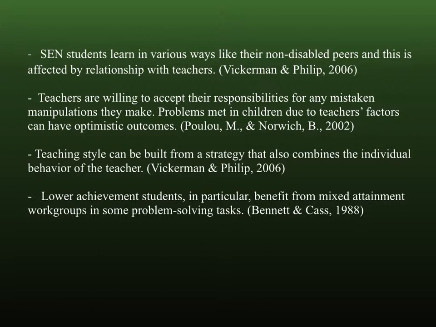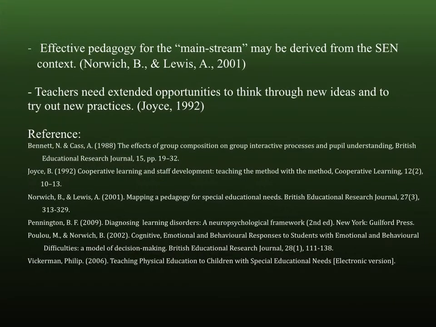Also, problems met in children due to teachers' factors can lead to optimistic outcomes, if teachers are willing to accept responsibility for any mistaken manipulations they take. Teaching styles can be described as methods of learning and experiencing which are built from the strategy that also combines the individual behavior of the teacher.